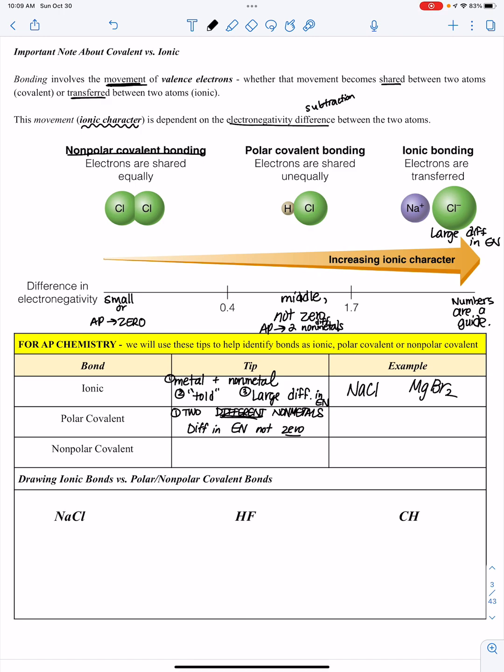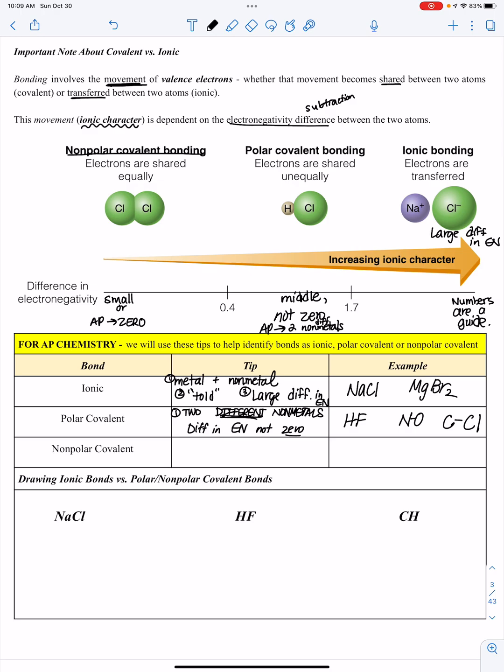Examples are going to be things like HF. The AP exam would probably even consider NO polar covalent. We could even say CCl, that bond would be polar, right? I'm just talking about bonds, okay?